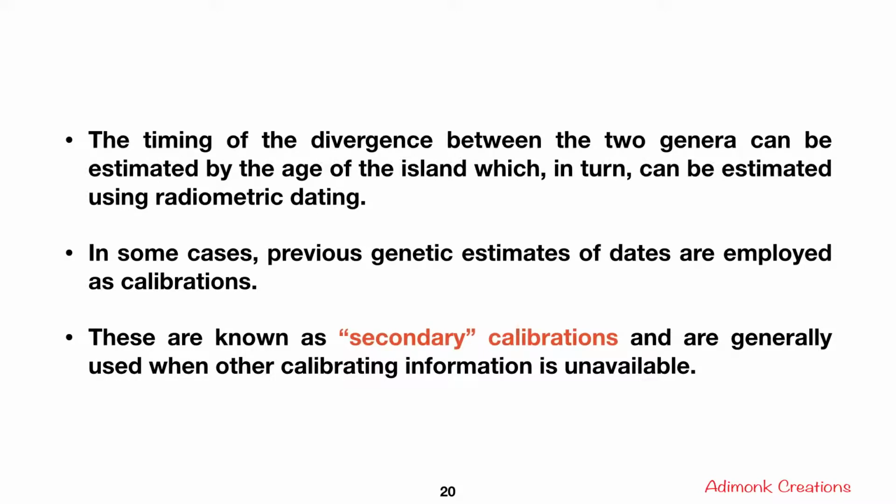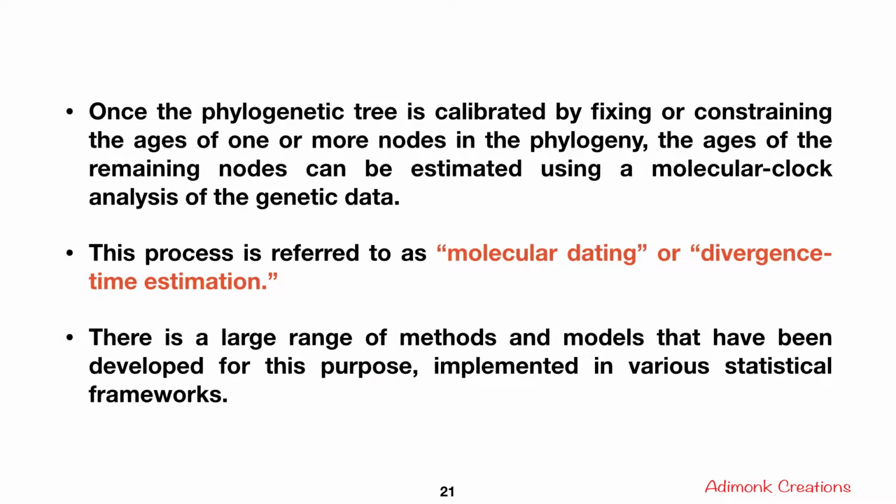In some cases, previous genetic estimates of dates are employed as calibrations. These are known as secondary calibrations and are generally used when other calibrating information is unavailable. Once the phylogenetic tree is calibrated by fixing or constraining the ages of one or more nodes in the phylogeny, the ages of the remaining nodes can be estimated using a molecular clock analysis of the genetic data.